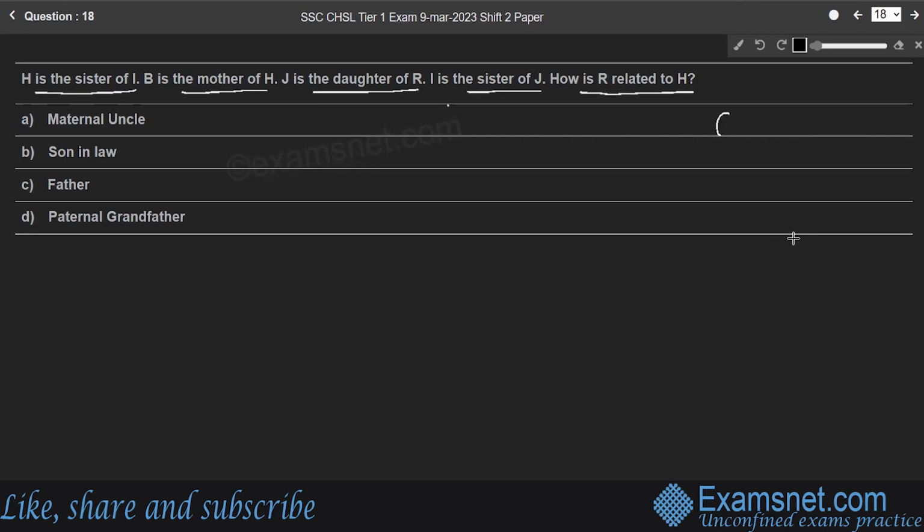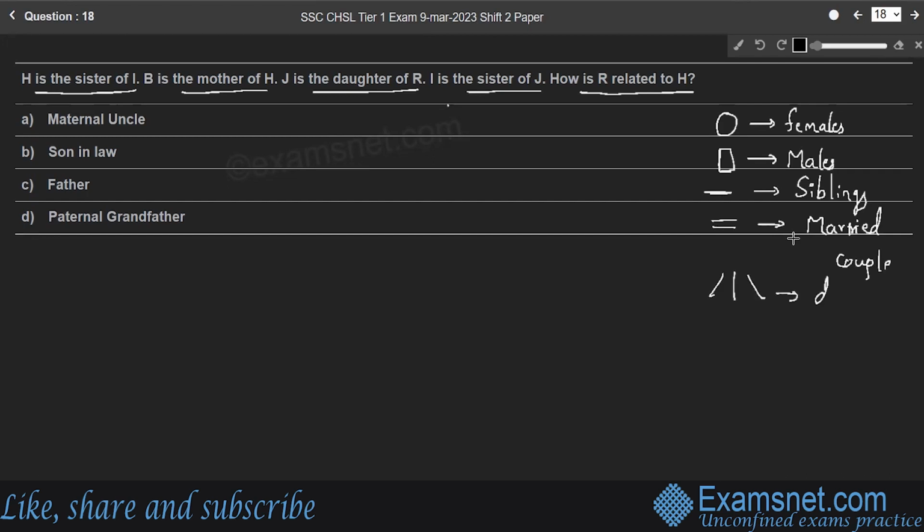We use a circular symbol for all females, a square or rectangle symbol for all males, a horizontal single line for siblings, a horizontal double line for a married couple, and a vertical or slightly slanted line for difference of generation. That means father to daughter, father to son, mother to daughter, or mother to son, like this.